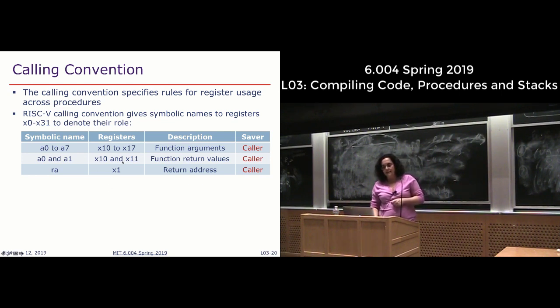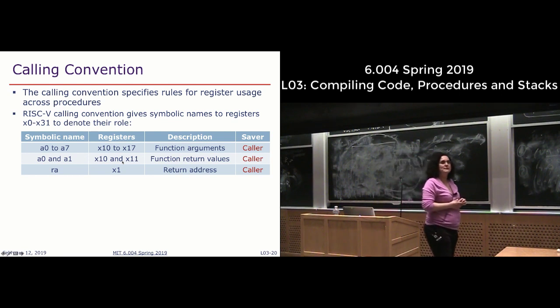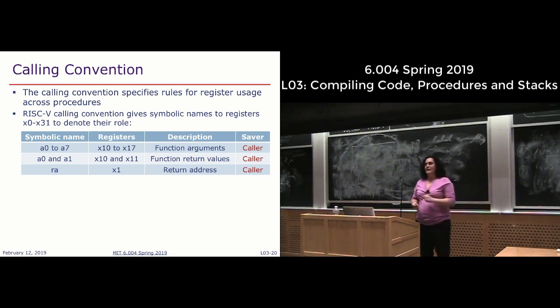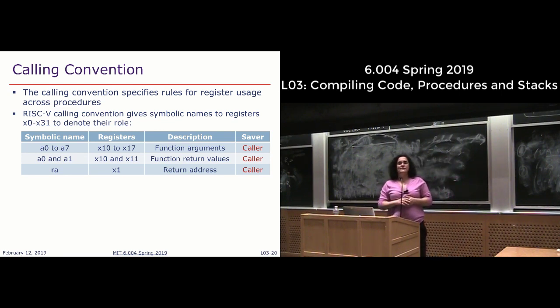Now, remember that until now, we always talked about our RISC-V registers as being registers X0 through X31. That hasn't changed. All we're doing is adding some symbolic names that have meaning to each of these registers. And this table that you're going to see right now shows you the mapping from the symbolic names to the X registers themselves. Okay?